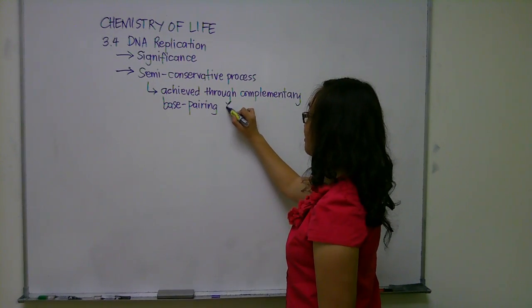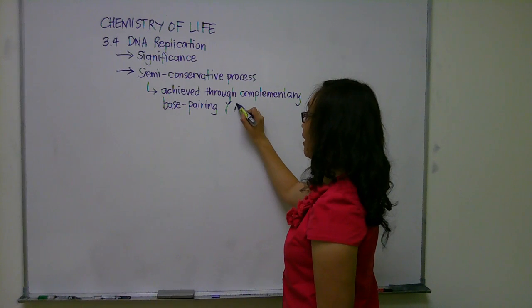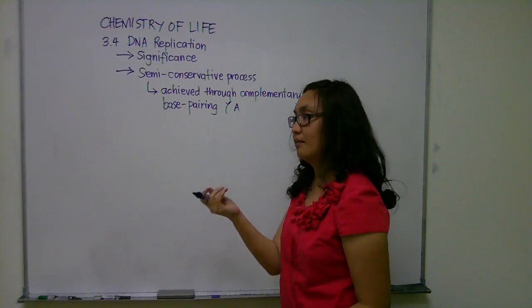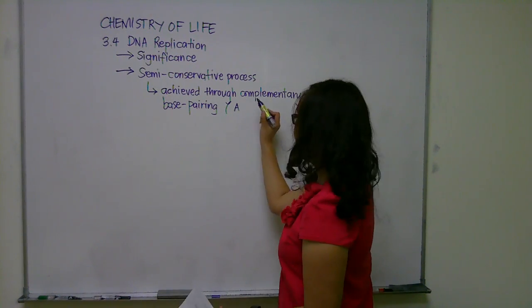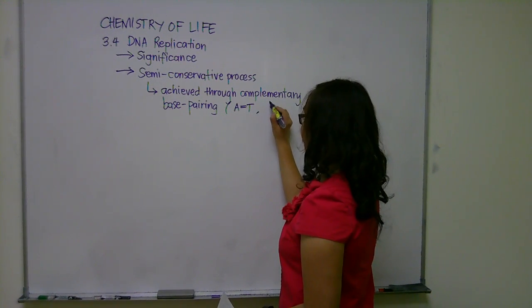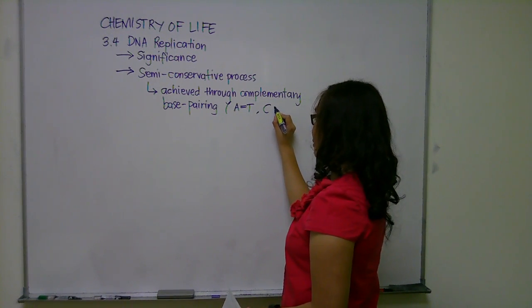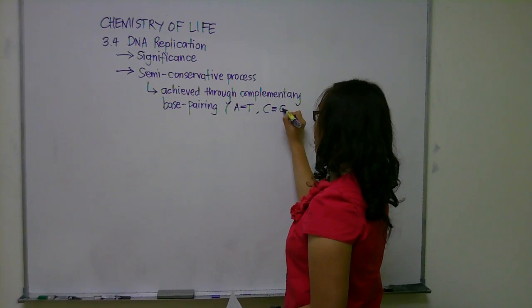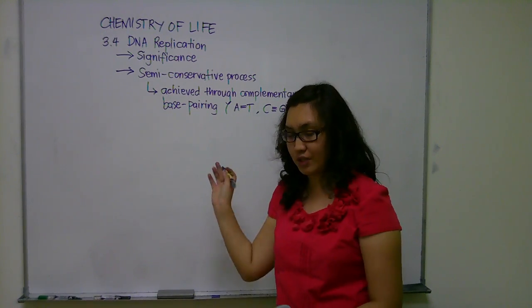Or, in other terms, if the parent strand contains adenine, then the daughter strand should contain thymine. If the parent strand contains cytosine, then the daughter strand should contain guanine, or vice versa.